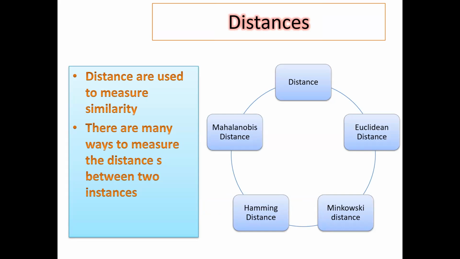Some of the most commonly used distance metrics in calculations are Manhattan, Hamming, Minkowski, and Euclidean. So let's discuss each of these distances. What is in it? What are the pros and cons of these distance measures? And then we'll go ahead.